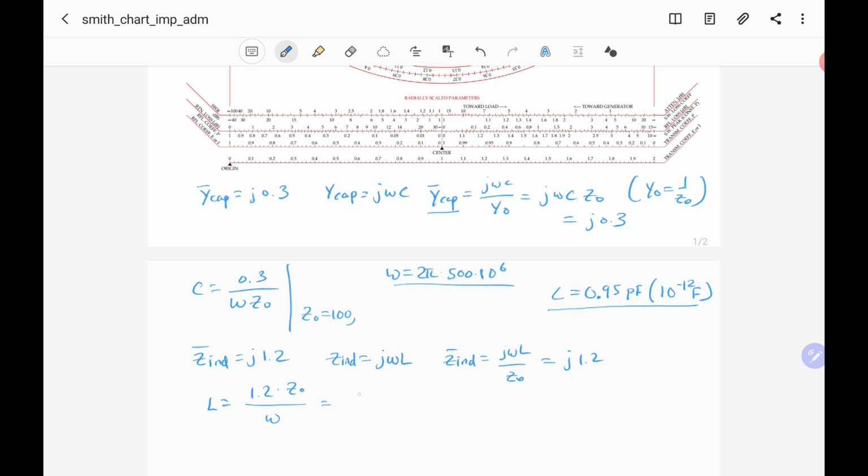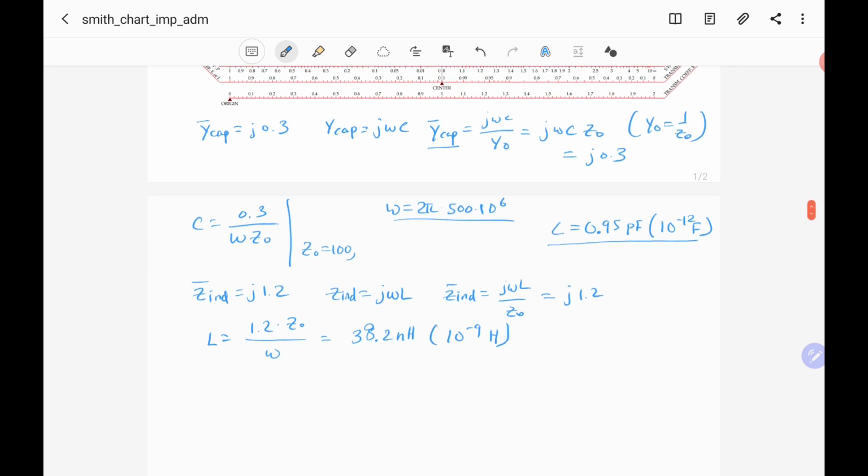L becomes 30.2 nanohenry, which is 10 to the minus 9 henry. So we found that. ZL is given.